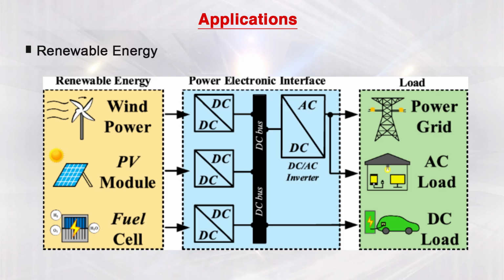These DC-DC converters are utilized in wind power conversion units, in photovoltaic systems, and in fuel cells, where they can be used to do the MPPT, maximum power point tracking. So, one algorithm is utilized. There are n number of algorithms available to achieve the MPPT.